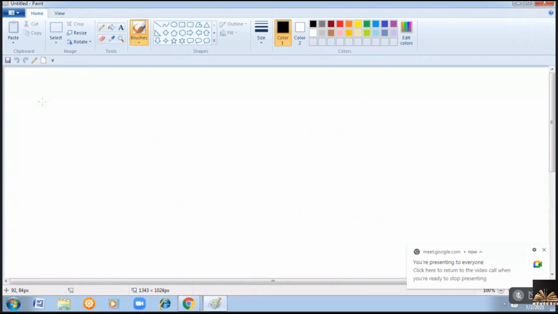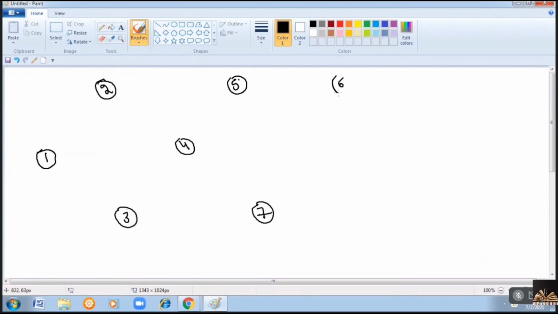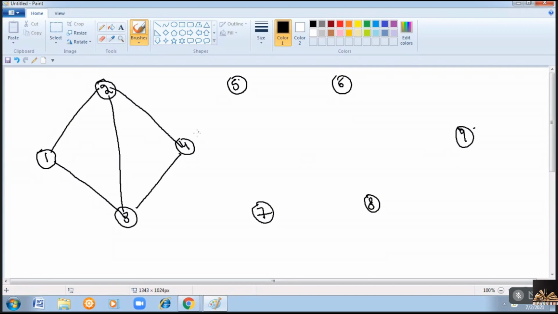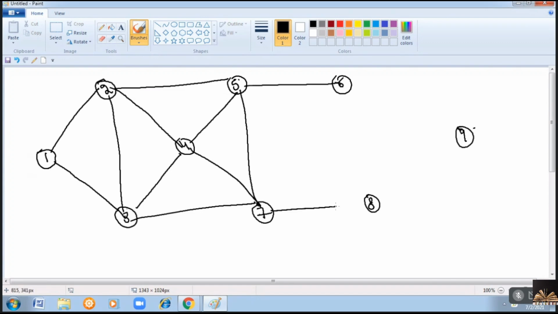And the last one is, take this graph. Find the distance from 1 to 9.